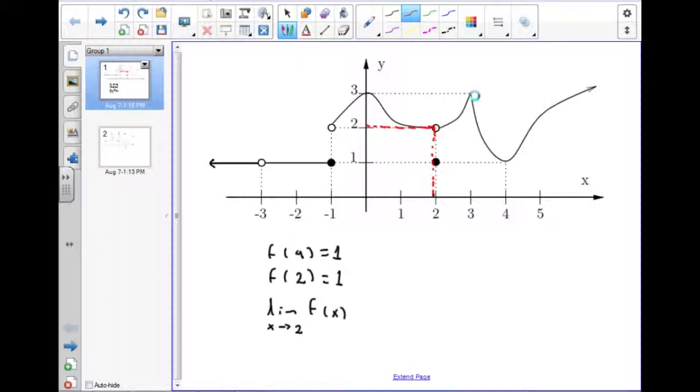Okay? So now we are going to repeat the process, but we are going to move a little bit to the right of the value 2 in our x-axis. So here's the value 2. We move a little bit to the right here, and we do our vertical line. That vertical line is going to touch our graph right here.